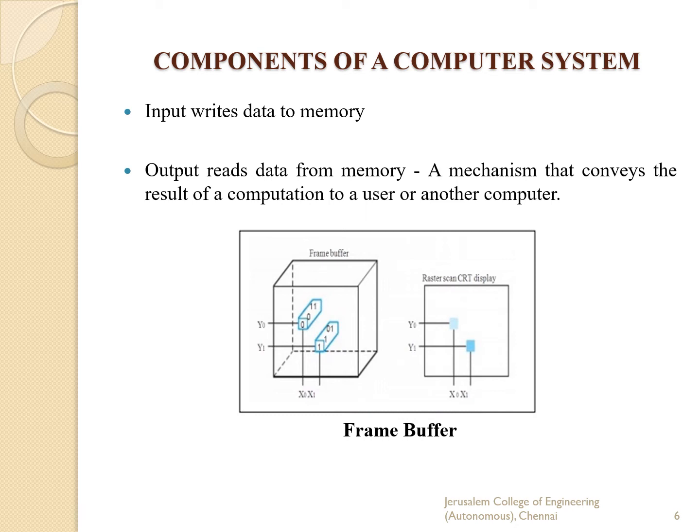The screen is composed of thousands and millions of pixels, organized in the form of a matrix. Each coordinate in the frame buffer on the left determines the shade of the corresponding coordinate for the raster scan CRT display on the right.